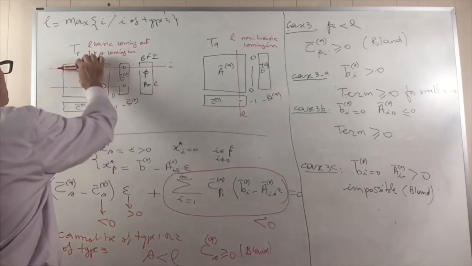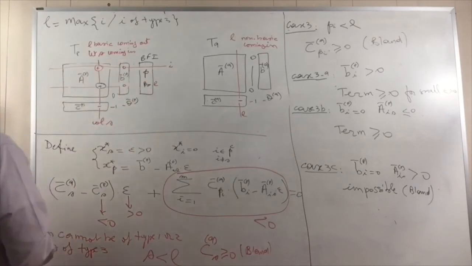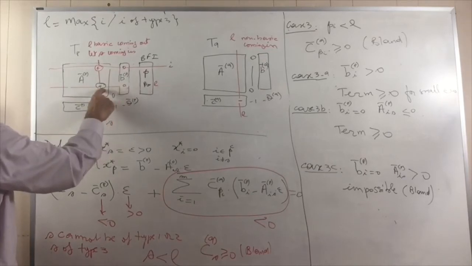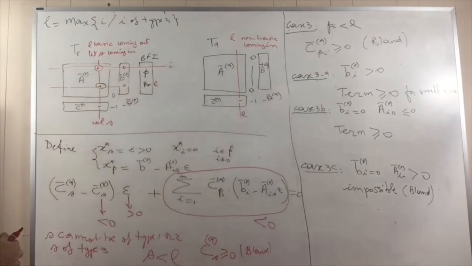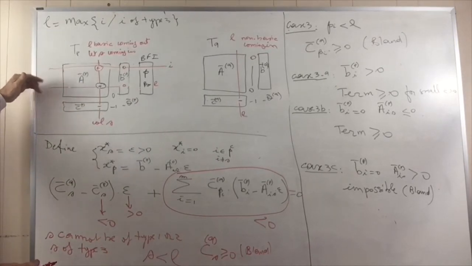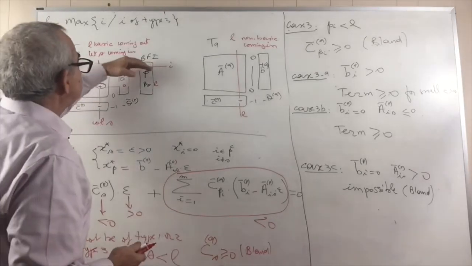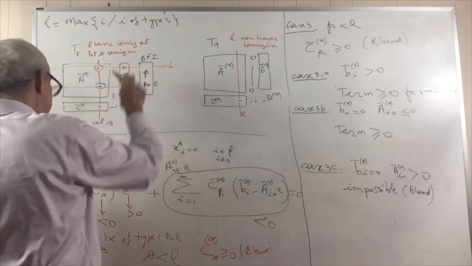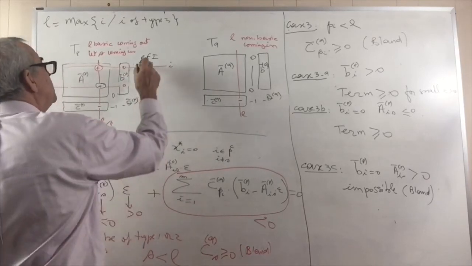Then we have two rows that are tied for the ratio. Remember when we did the ratio? 0 over this and 0 over this. So they tied. So Bland's rule would say that if you have a tie between two rows, then you look over the BFI. So here, this is beta i here.